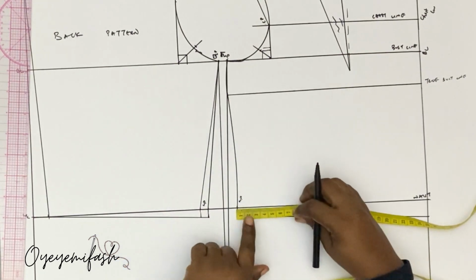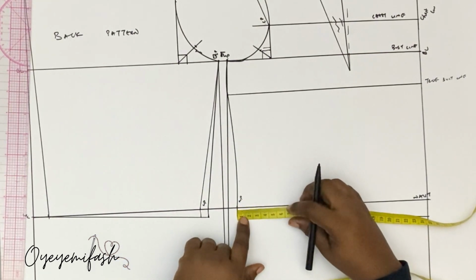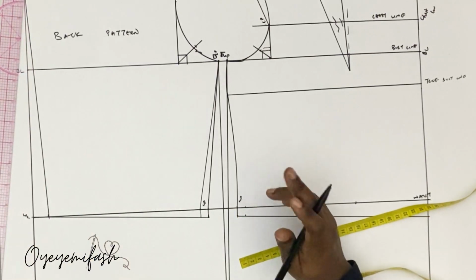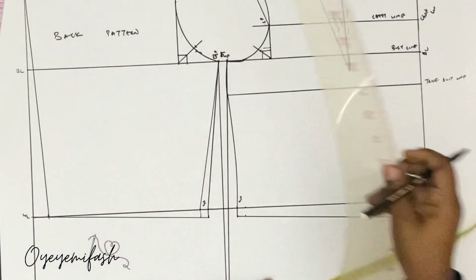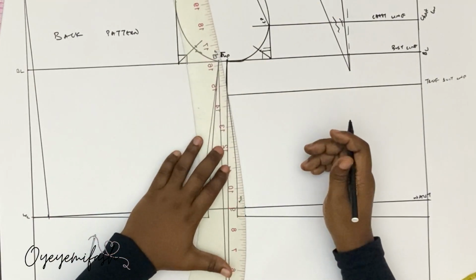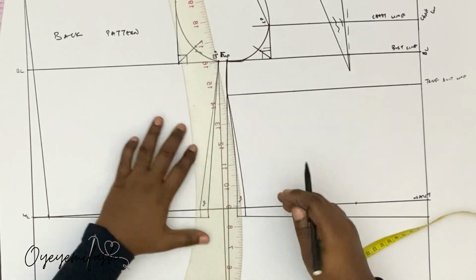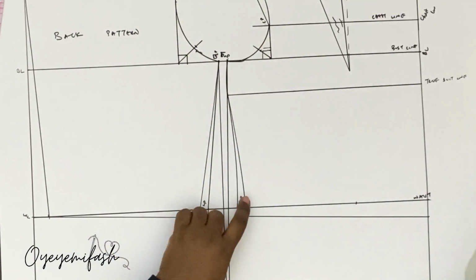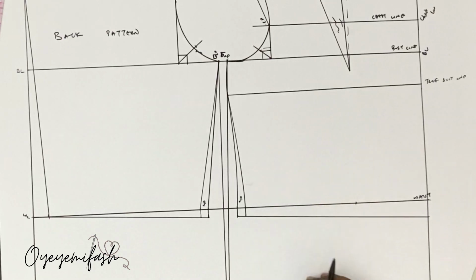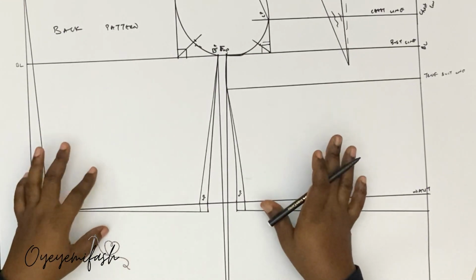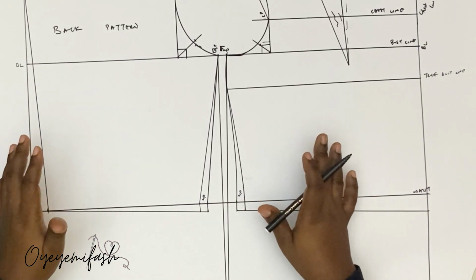So this is 1 centimeter, and then I'll do the same for the front pattern. I'll go in by 1 centimeter and also connect using my hip curve. So this is my inner shaped seam for the front. So I have 6.5 centimeters excess left on my pattern, and that can be taken out using darts.